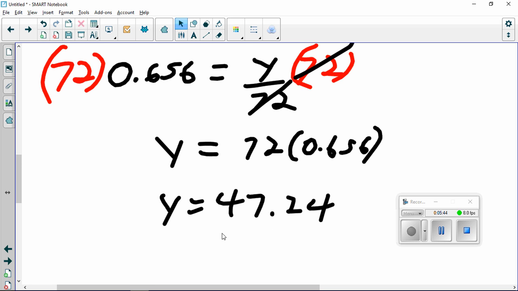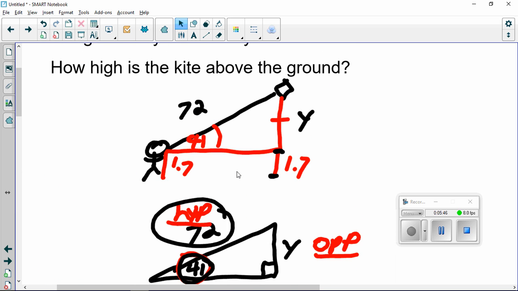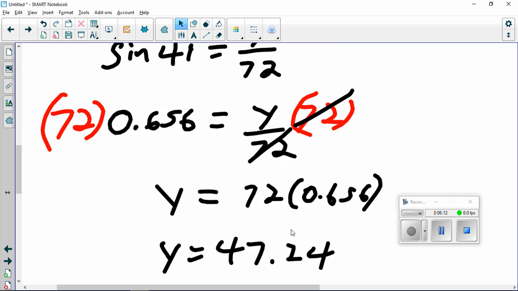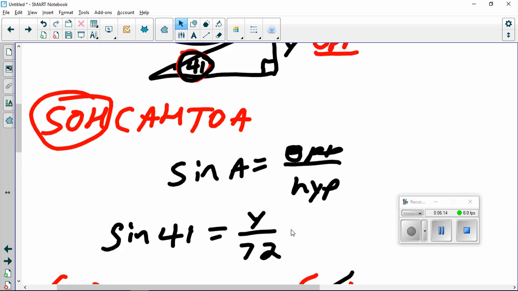Let's look at the question again. So we have a boy that's 1.7 meters above the ground. He's flying a kite 41 degrees above the horizon with a string of length 72 meters. So with a length of 72 meters and an angle 41 degrees above the ground, we have an opposite side here, that y value, which is 47.24.